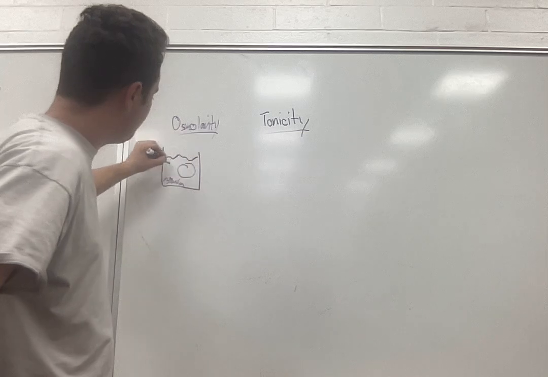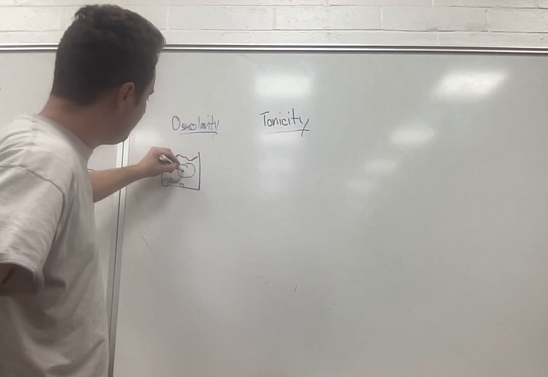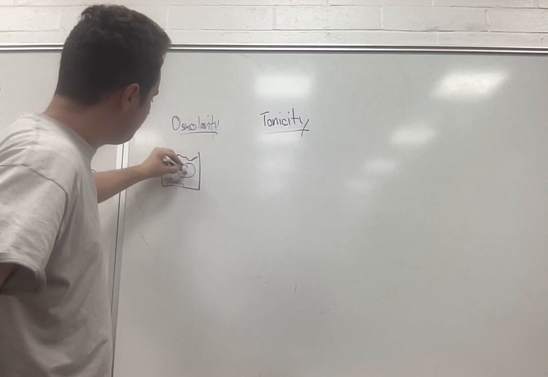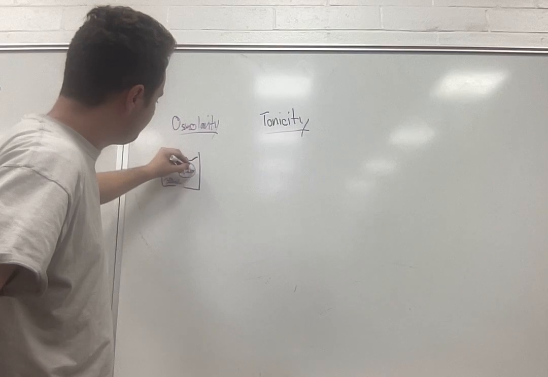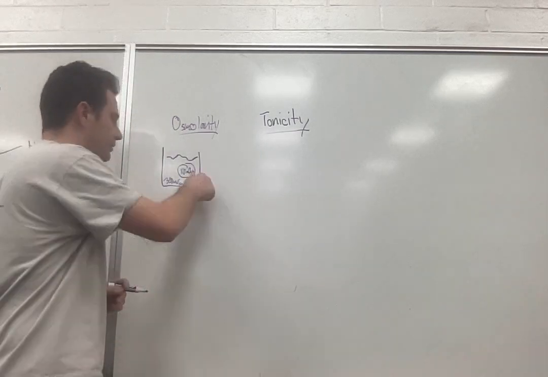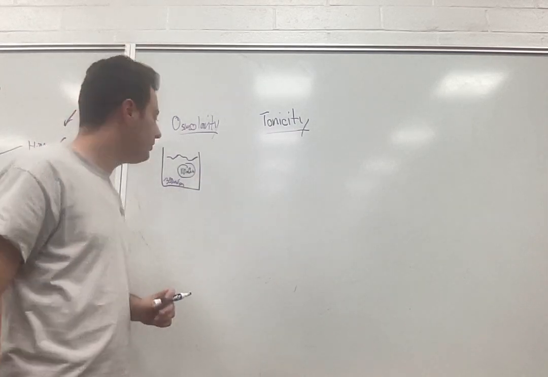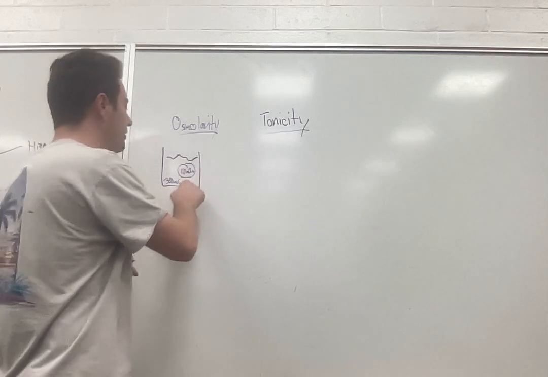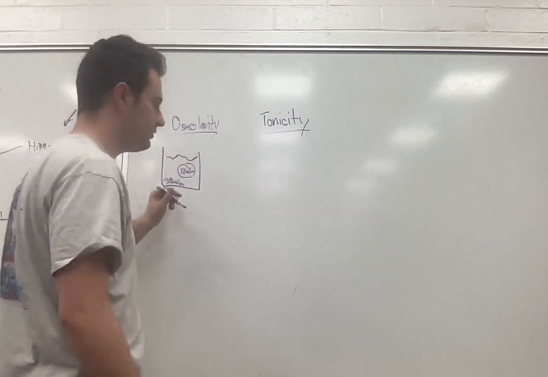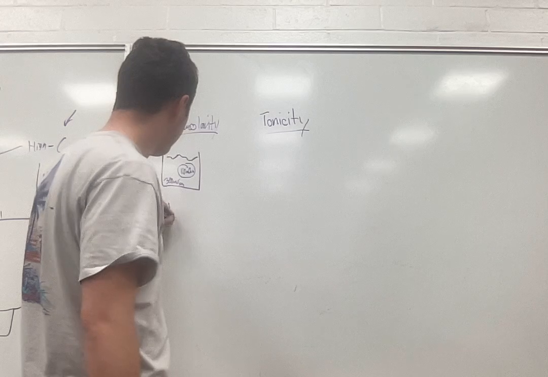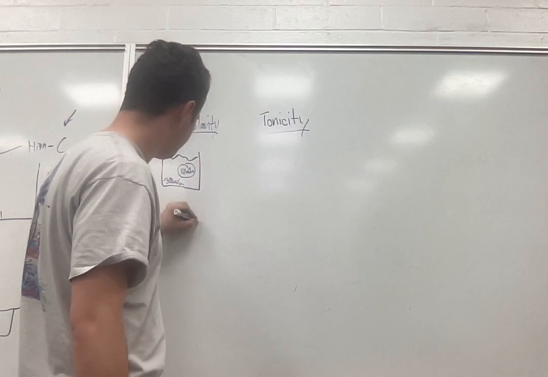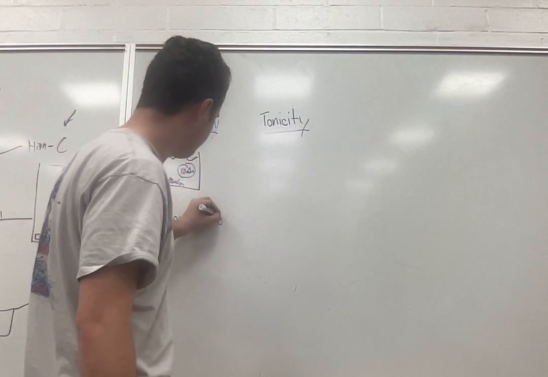Then you have your cell, which is 100 milliosmoles. We would look at this and we would properly say, well, the solution is hyperosmotic to the cell because it's just more concentrated, right? So we call this hyperosmotic.